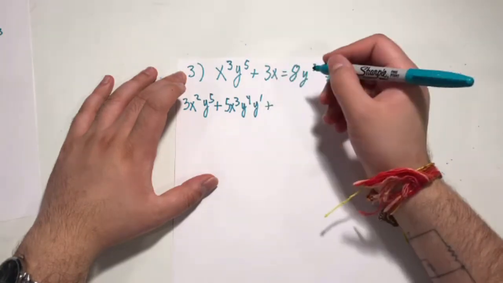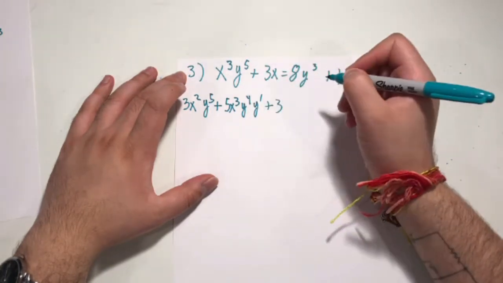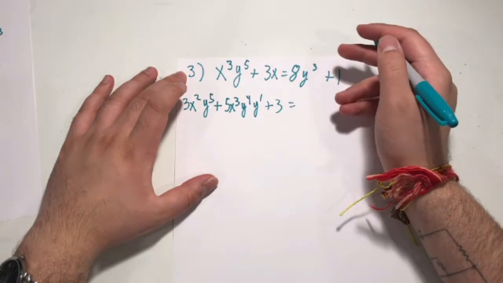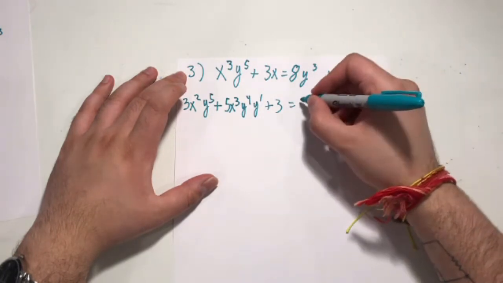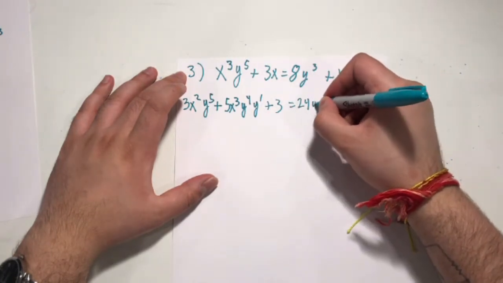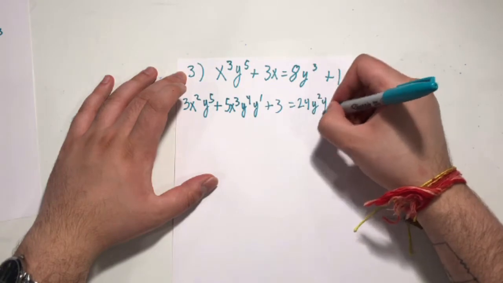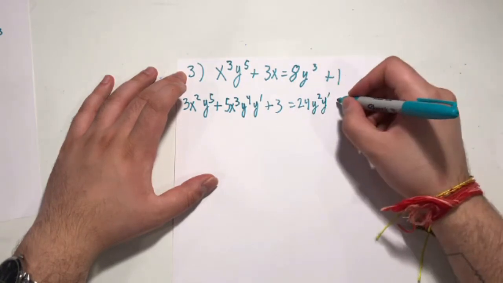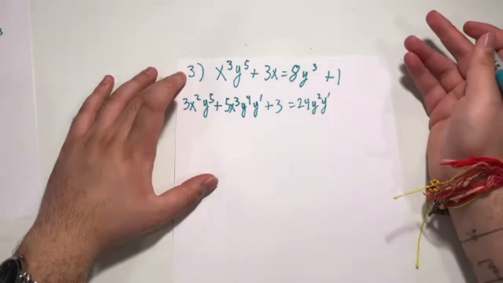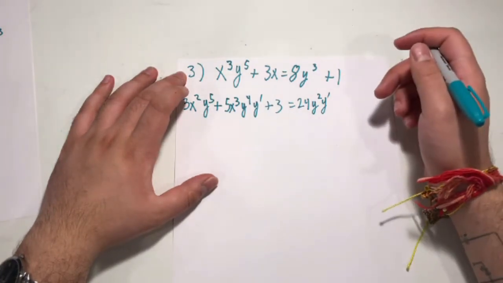And then plus, what's the derivative of 3x? It's just 3. Equal to, what's the derivative of 8y to the third? Should be 24y to the second y prime. Plus derivative of 1 is just 0. All right, so this is 0.